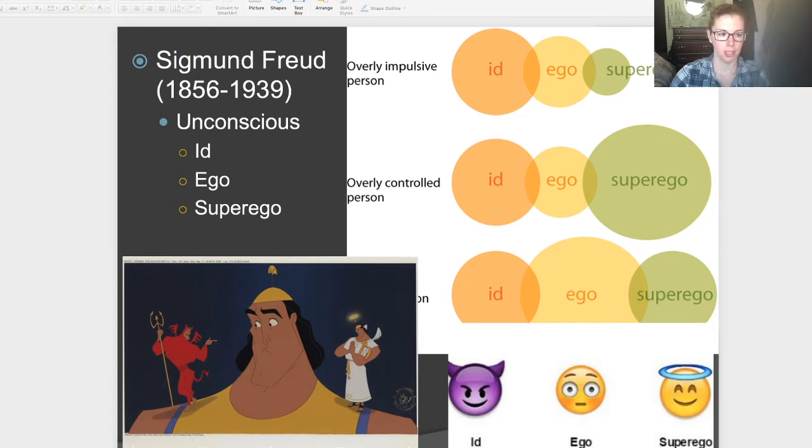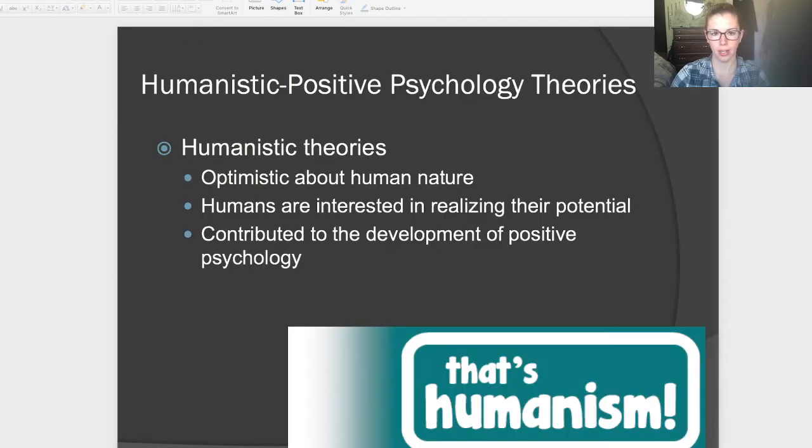The next theory we're going to talk about is the humanistic theory. Okay, so the humanists, also positive psychology nowadays, were very optimistic about human nature. They believed that humans are interested in realizing their potential, and humanism really contributed to the development of positive psychology over time.